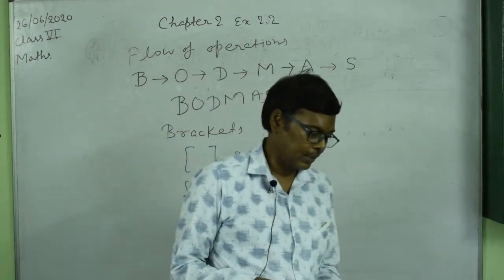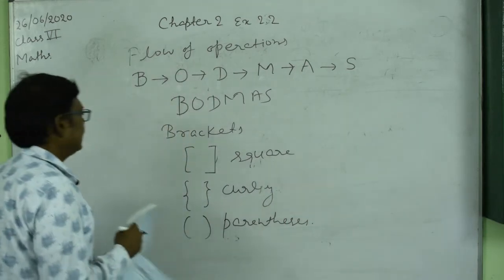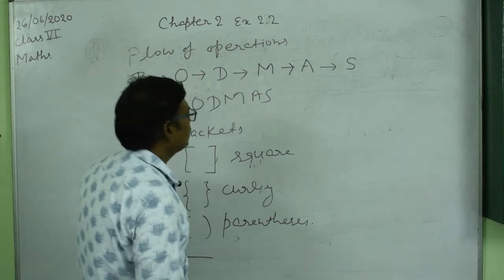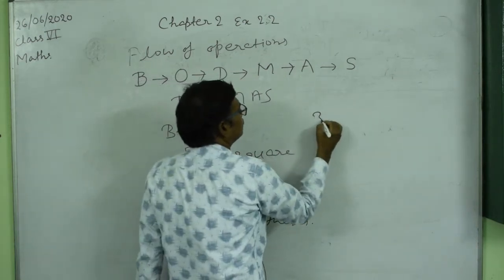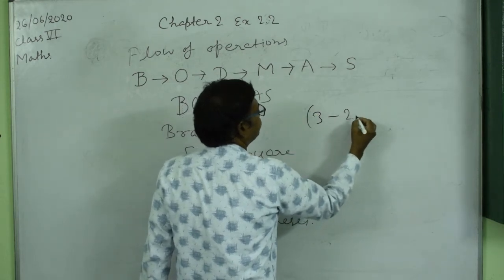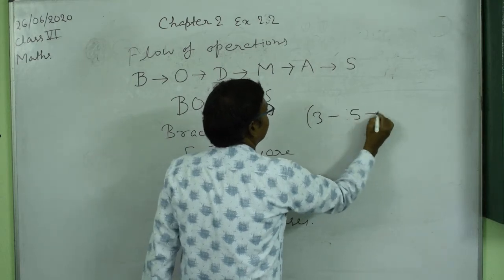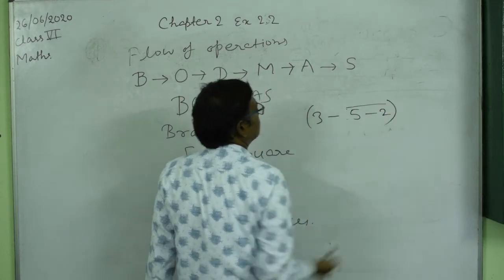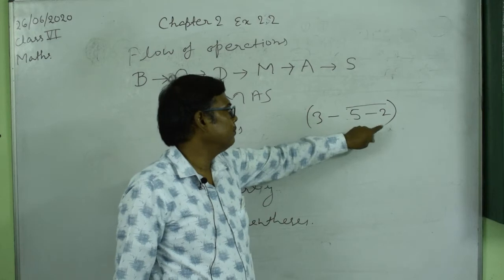That one more bracket is, you can say, the bar. Suppose I give you an example: you have 3 minus, and here 5 minus 2, with a bar over 5 minus 2.